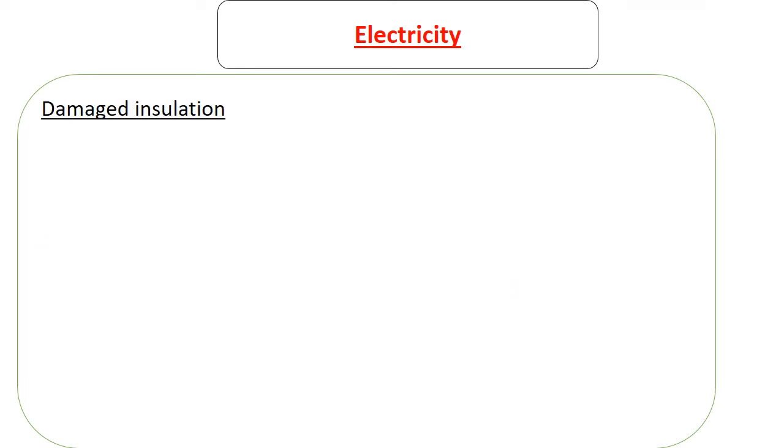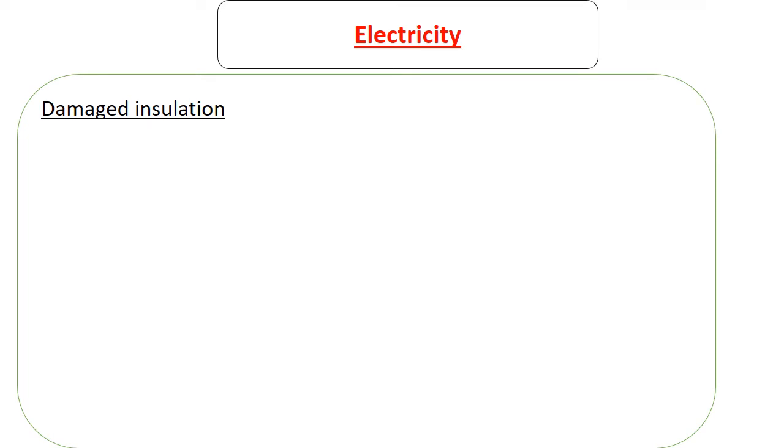So, some dangers of using electricity in our homes. The first danger can come from damaged insulation. Electrical wires are insulated. To be insulated is to be covered by a plastic material, so that the electricity inside the wire cannot get out, since plastics are bad conductors of electricity.